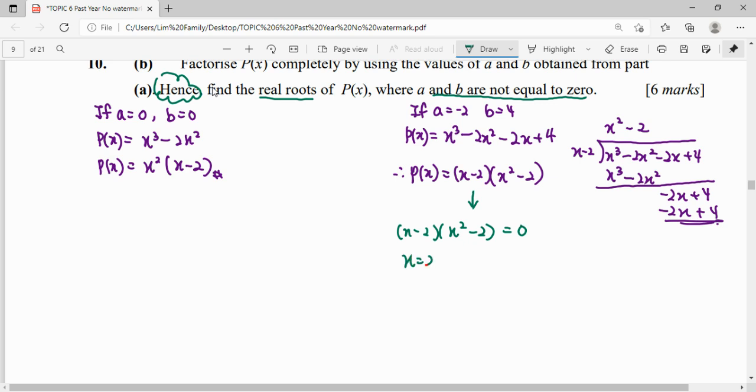So x will equal 2. Here, x squared will equal 2, so x will equal positive or negative square root of 2. Therefore, the roots here are x equals 2, x equals square root of 2, x equals negative square root of 2.